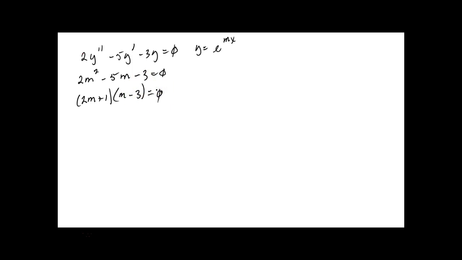Now let's just check that quickly and make sure we did it right. 2m times m is 2m squared. Minus 6m plus m is minus 5m minus 3, yes. So what does that tell you? m is equal to negative 1/2, or m is equal to 3. Now what does that tell you?